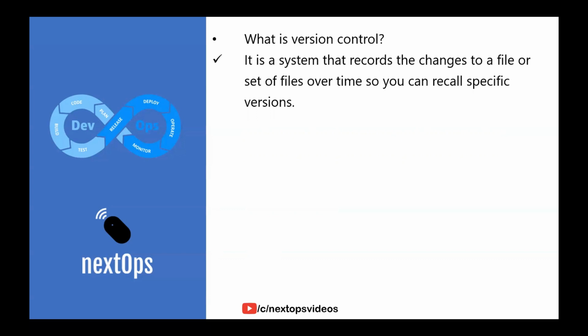Everything that happens on this simple text file will be recorded as a separate version. If something goes wrong with this file in the future due to bad content or bad code, then you can simply revert back to the previous version.